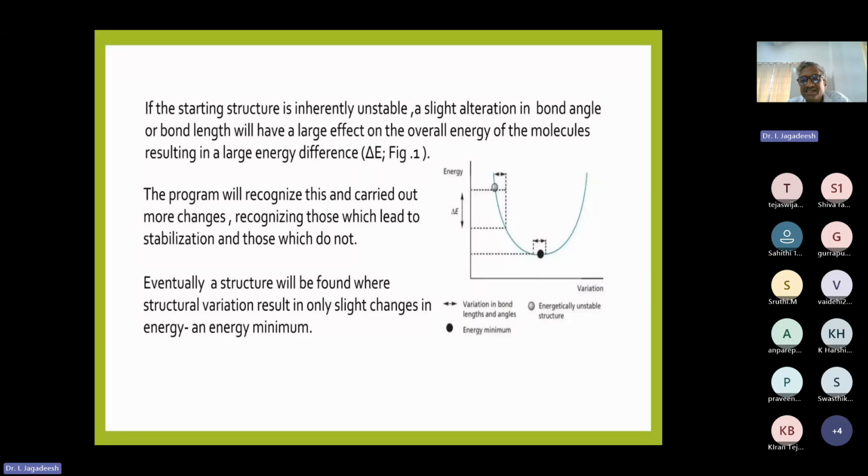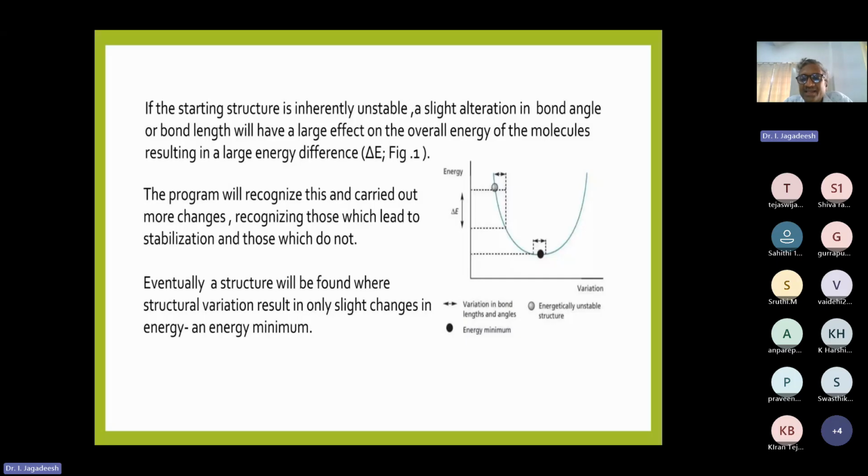The energy of the unstable system is going to be brought down to the stable system, the energy minimum system, that is represented as a dark black circle. That is the lowest energy state.